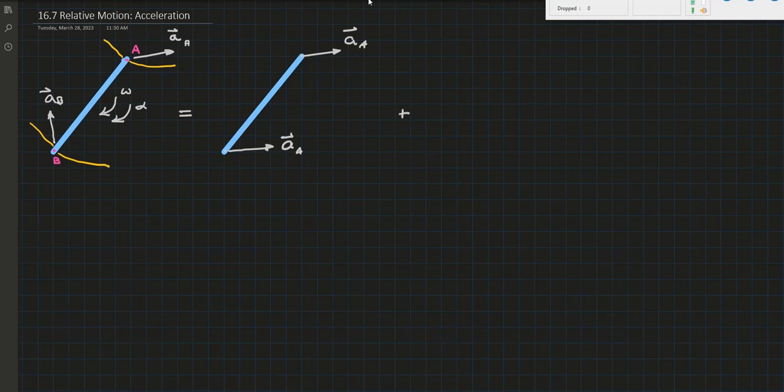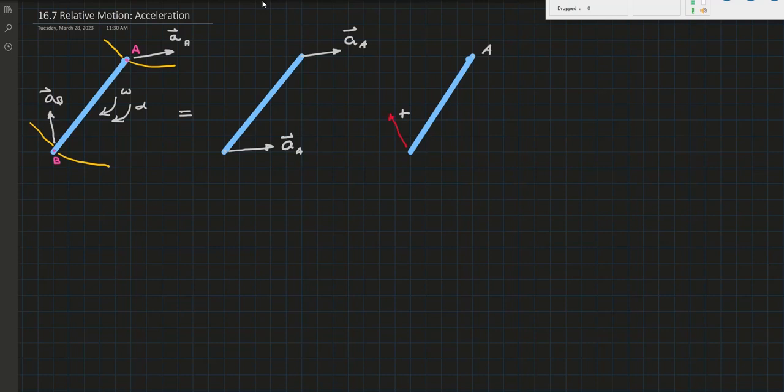We'll add to this the acceleration due to rotation. And we'll take as our base point, again, A. And as we accelerate, we will end up with an acceleration due to rotation.